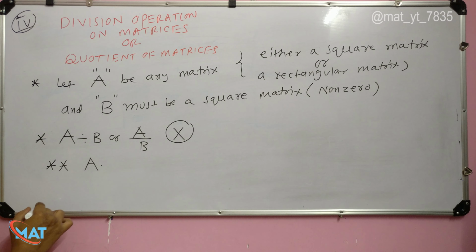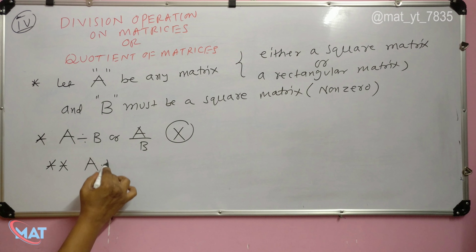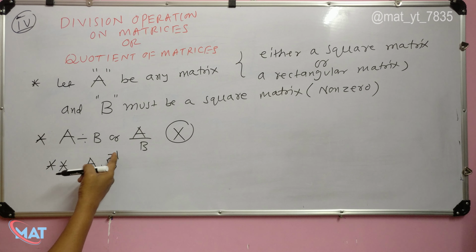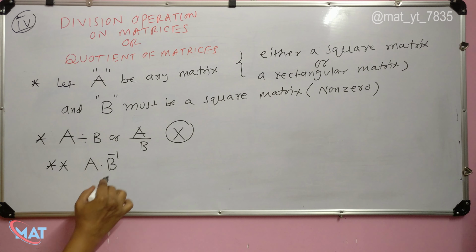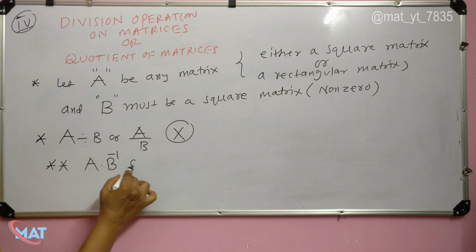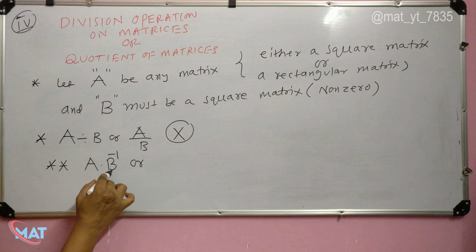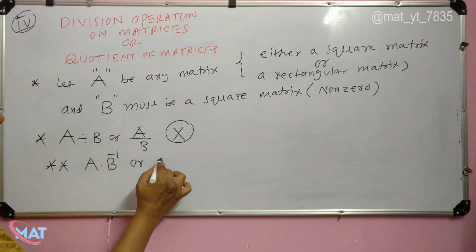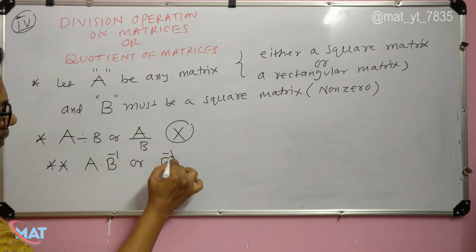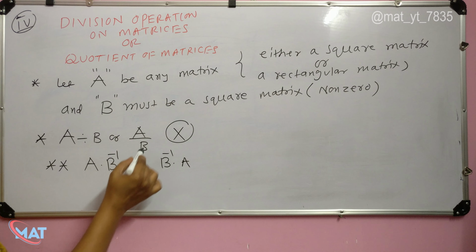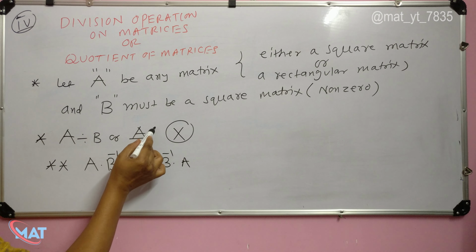A, you can multiply on the right side, we write it as B power negative 1. Depending on the size of the matrix, it may be like this, or you can multiply on the left of A, B power minus 1 into A. Here A by B, we take A to the numerator.